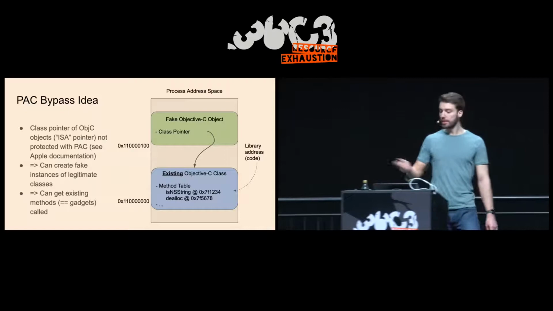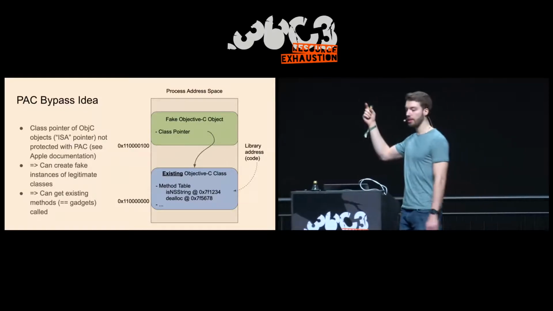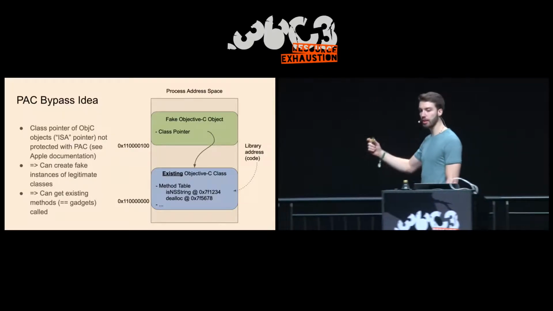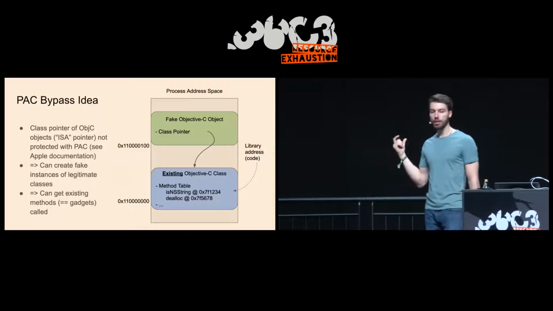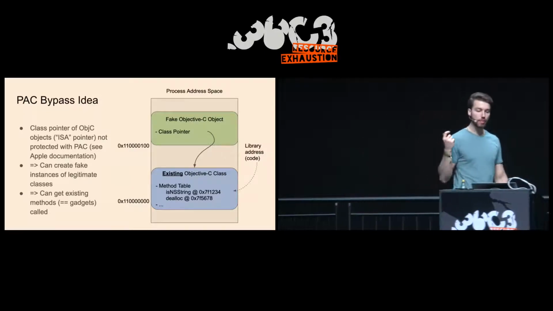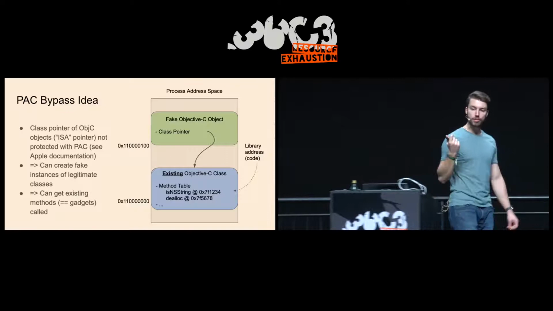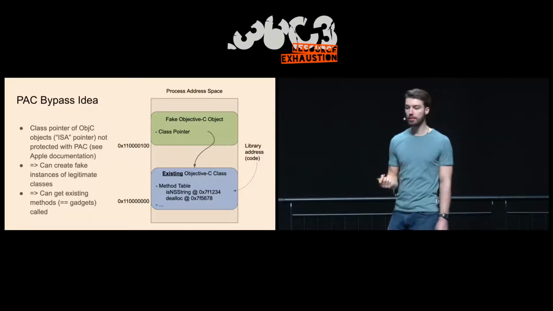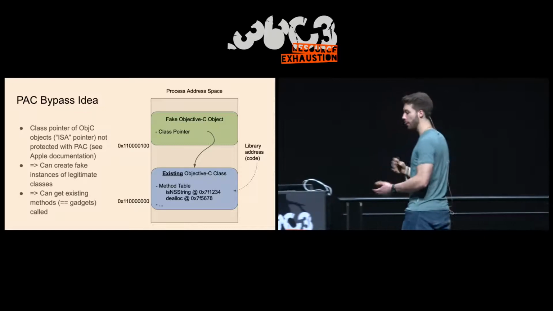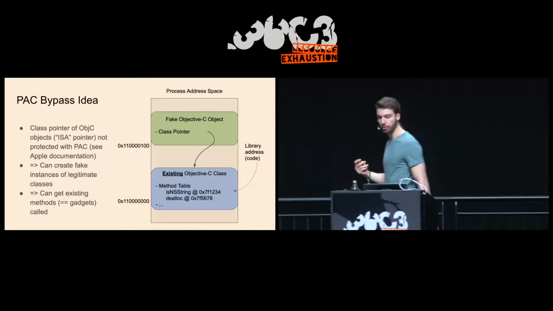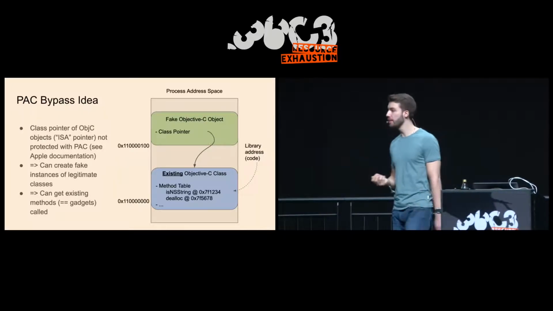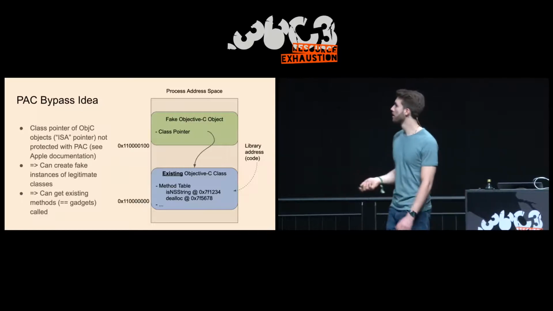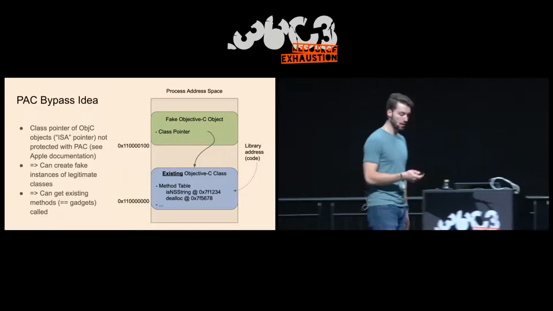So in this case, we can have a fake object that points to a real class that has real, legitimately signed method pointers. So this still works, and with this we can now get existing methods called out of place and manipulate the control flow. And these existing methods are basically now gadgets, if you want to think about it that way.